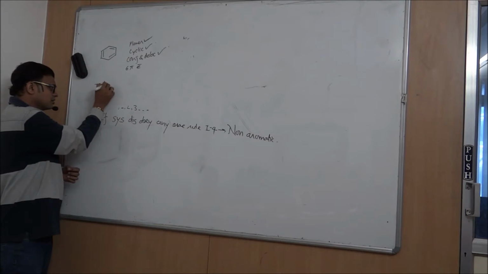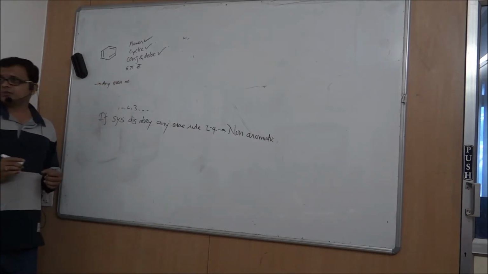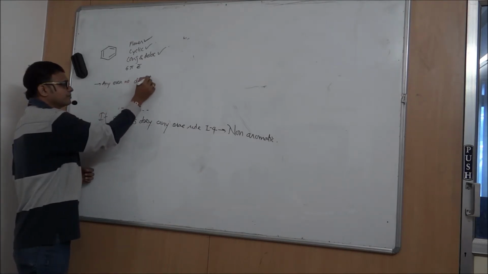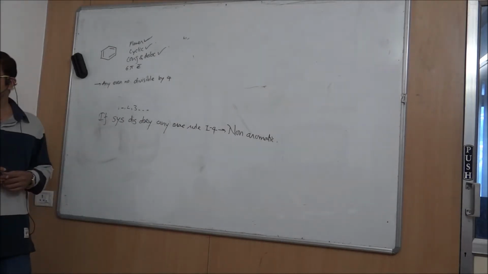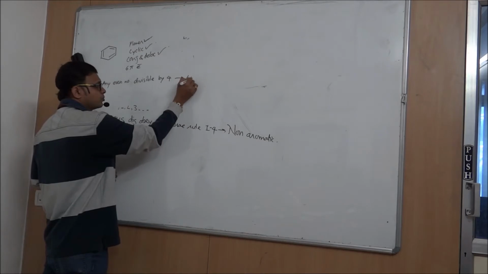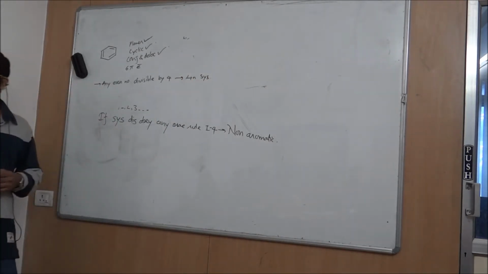Any even number divisible by 4 is a 4n system.